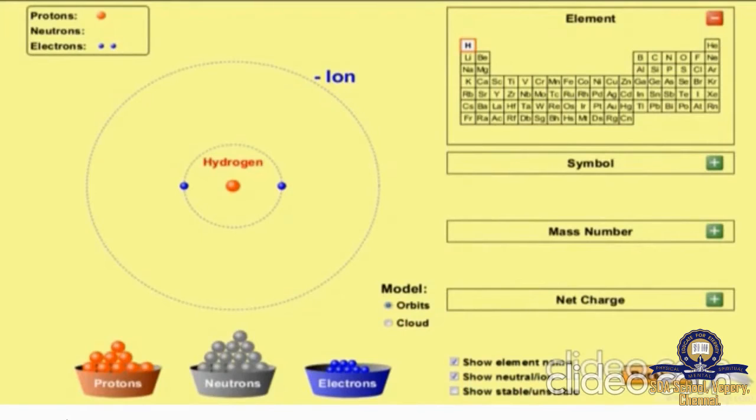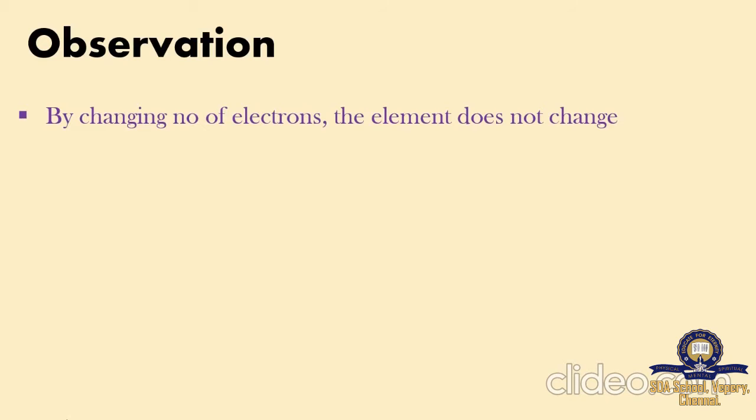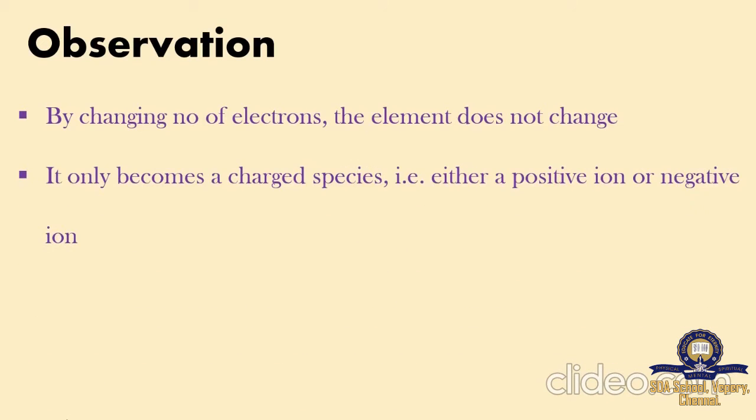That is, the element does not change, it only becomes a charged species. So what we observed in this video is that by changing the number of electrons, the element does not change, and it only becomes a charged species, which is a positive or a negative ion.